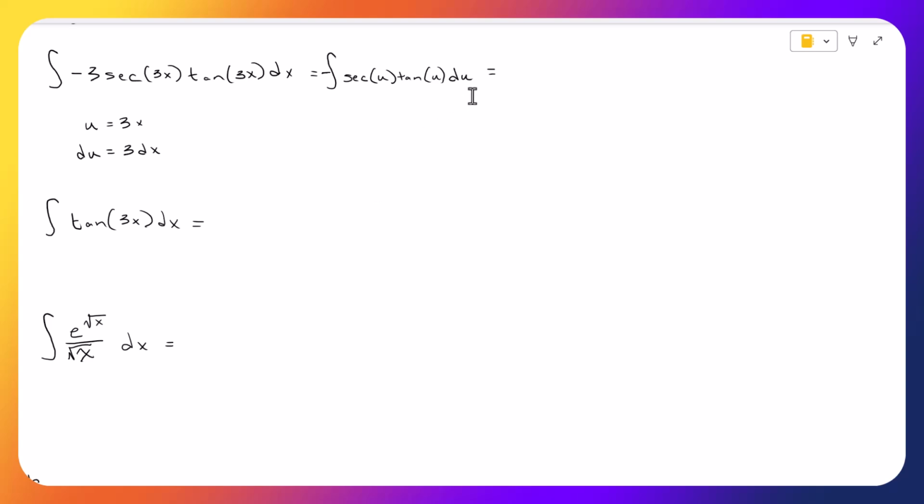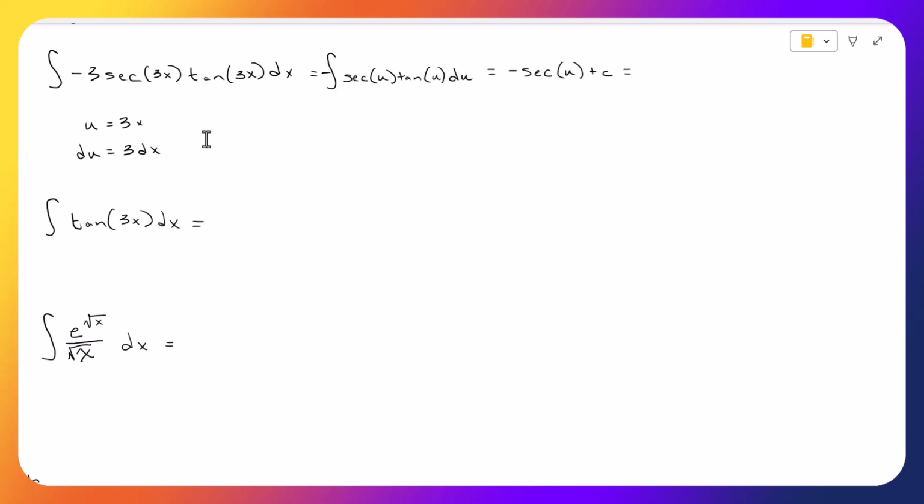And we take the integral of this, well, the antiderivative of secant u tangent u is secant, sorry. So this is going to end up being negative, because I have this negative out front, negative secant of u plus c.